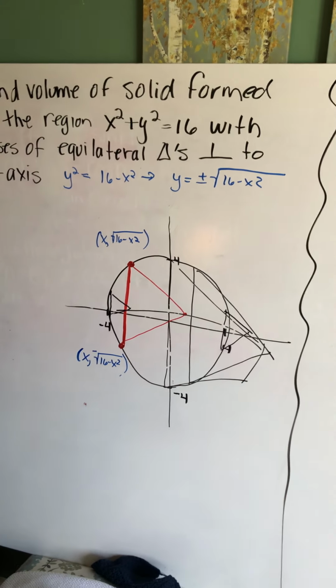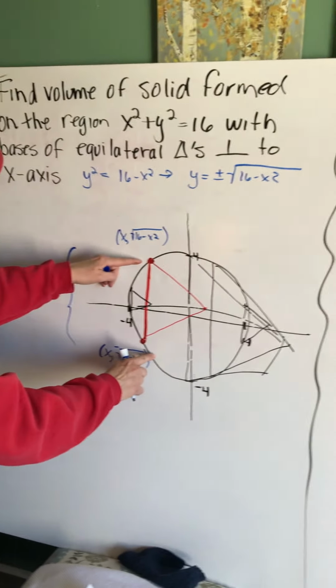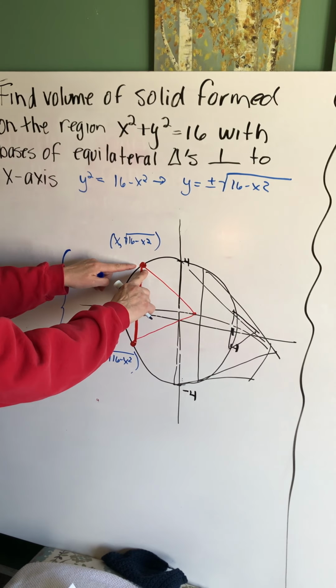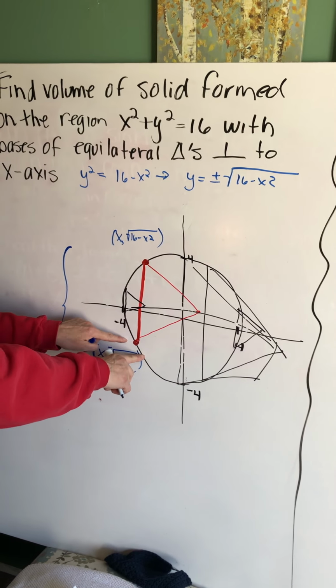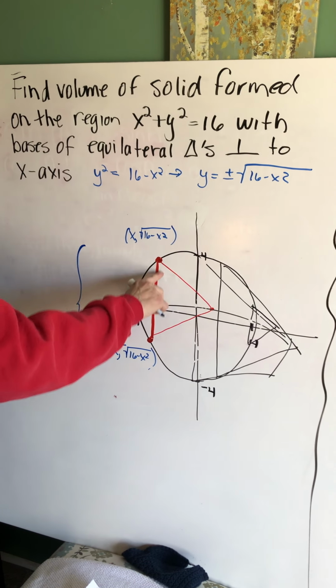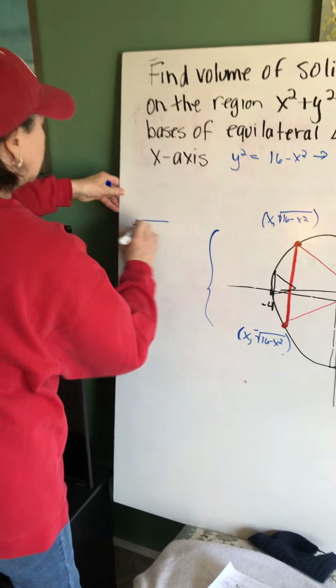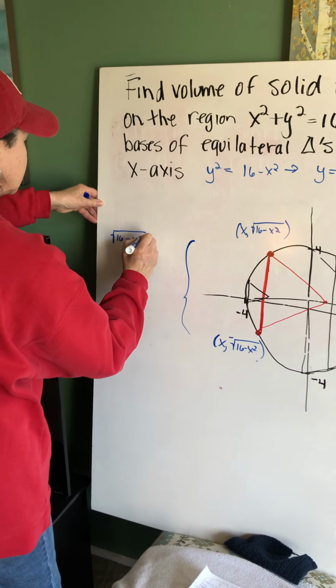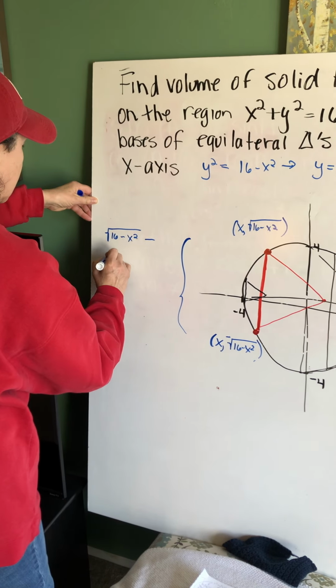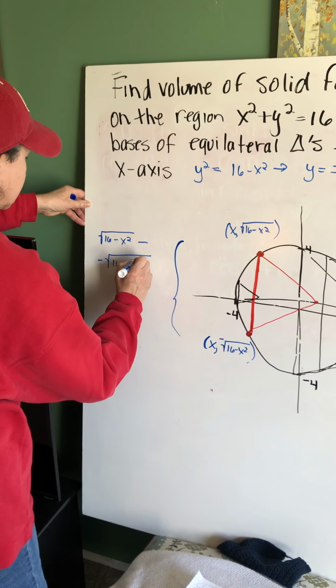And so how big is this base then? Well, this base right here is this y value minus that y value. That's how long that base is: the top y minus the bottom y. Let's go ahead and do that. That's the square root of 16 minus x squared minus a negative square root of 16 minus x squared.